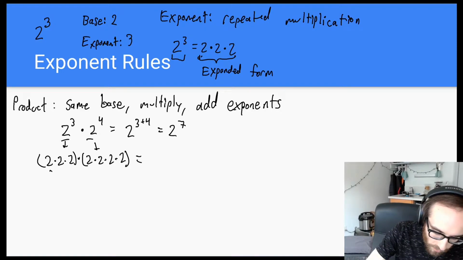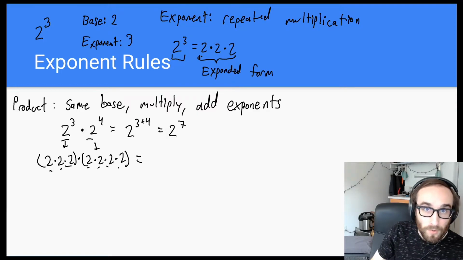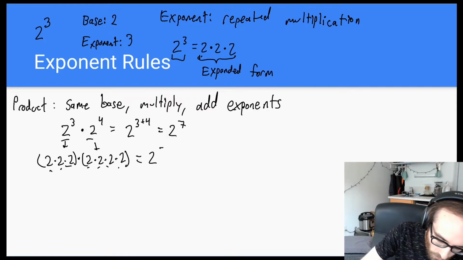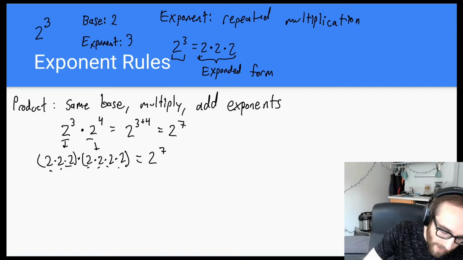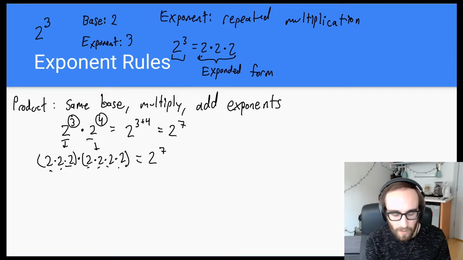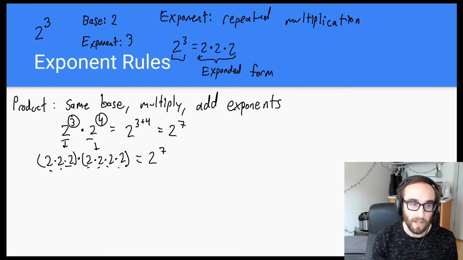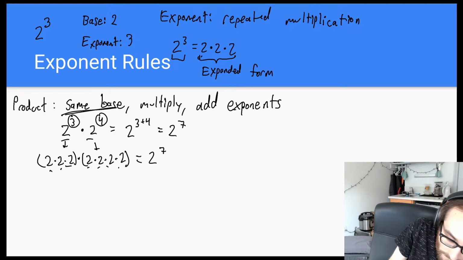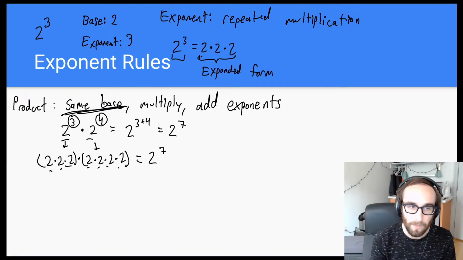Notice we have 1, 2, 3, 4, 5, 6, 7 total 2's that we're multiplying. That's how we end up with 2 to the 7th. We add the exponents, which is why the product rule works. But it is important that we have the same base here. It's only when we have the same base that we can do this.